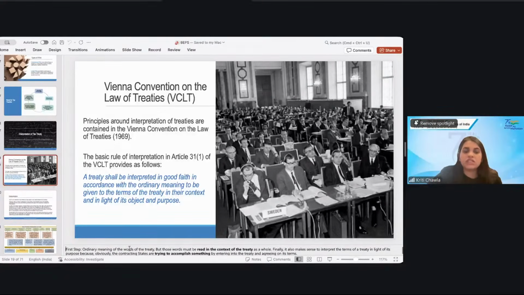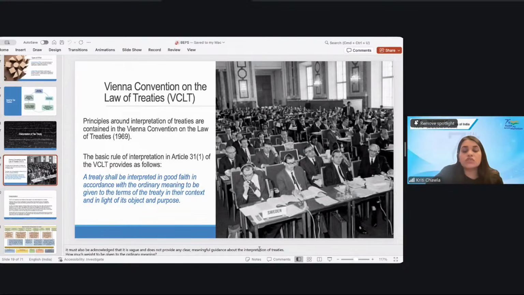We will be discussing the principles relating to interpretation in a while, but this is what VCLT talks about. What they're really trying to say is that the first step is the ordinary meaning of the words of the treaties. But those words must be read in the context of the treaty as a whole. And finally, it also makes sense to interpret the terms of a treaty in light of its purpose, because obviously the contracting states are trying to accomplish something by entering into the treaty and agreeing on its terms.